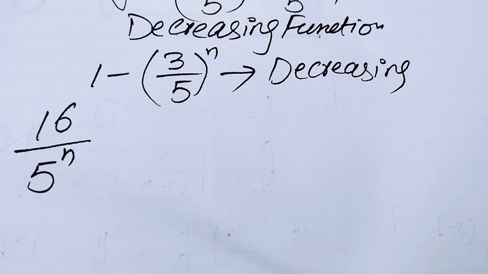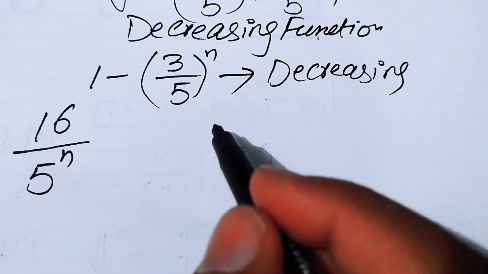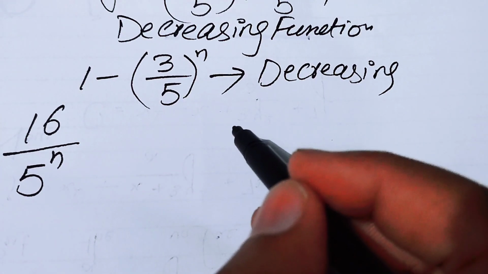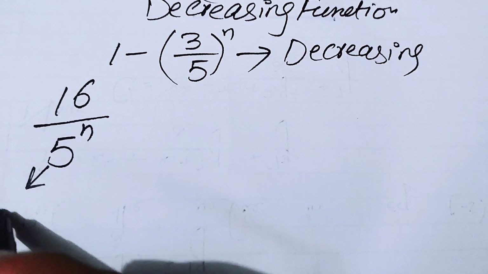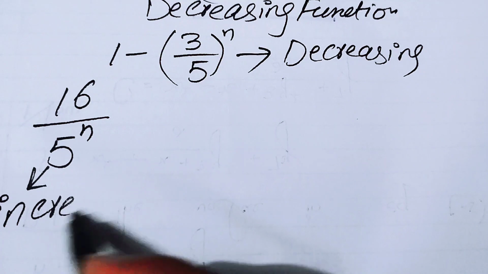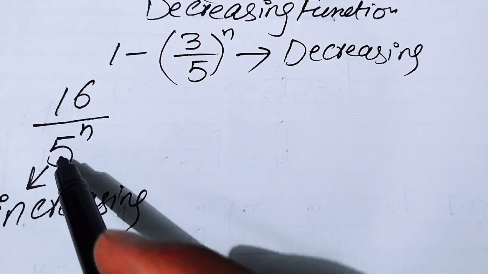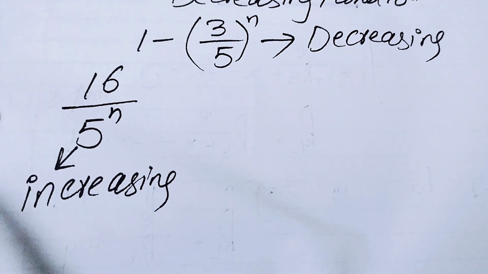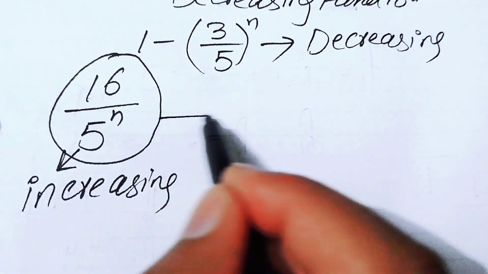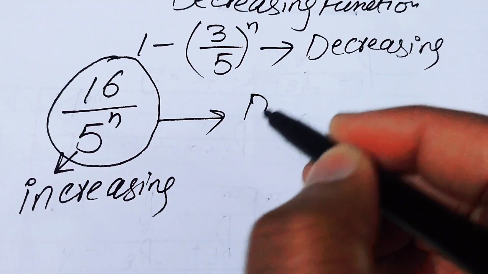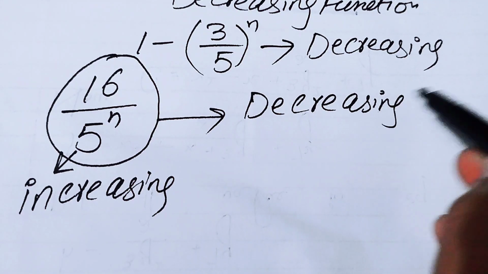You can see here that 5 to the power of n itself is an increasing function, but when you divide a number by an increasing function, then it will become a decreasing function. So this whole function becomes a decreasing function.